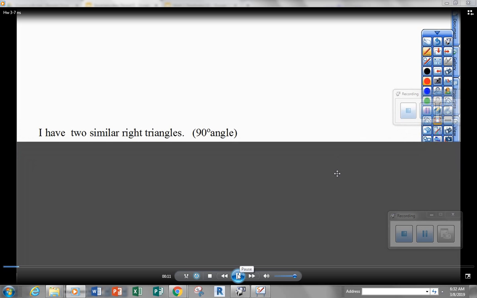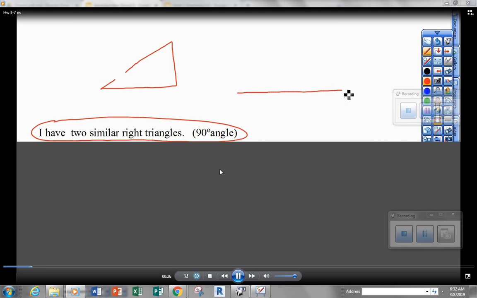So here we go. It says, I have 2 similar right triangles. So that means they're both same proportions. That means they have a 90-degree angle in them. That's what a right triangle is. Right triangles have a length and a vertical height.